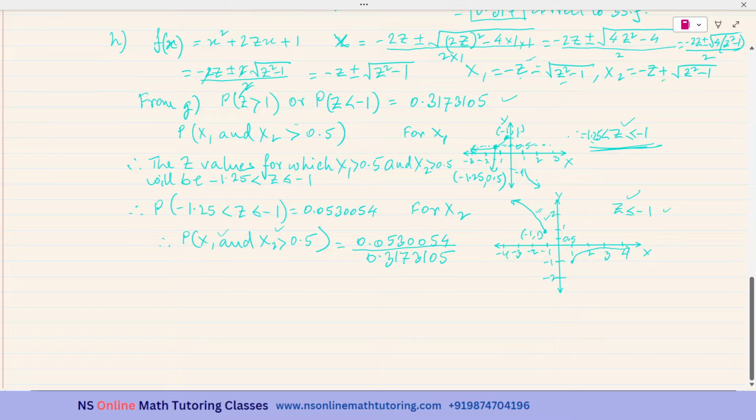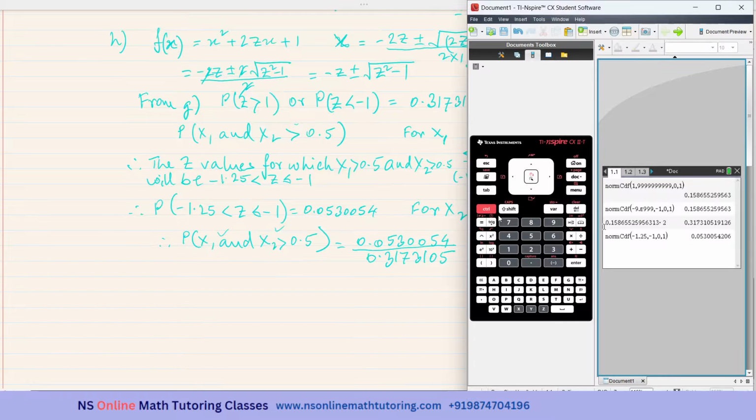Okay, so let us find the value. For the upper one I can take the answer, and for the lower one it is 0.3173105. Enter.